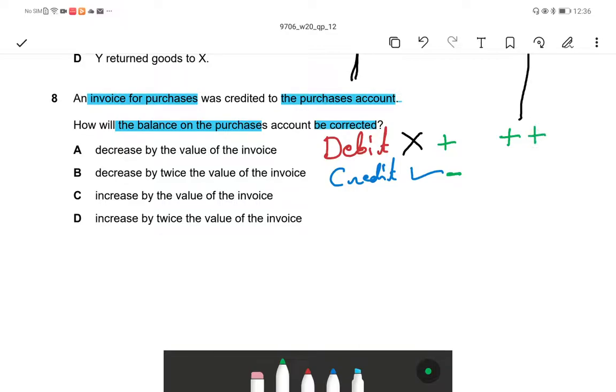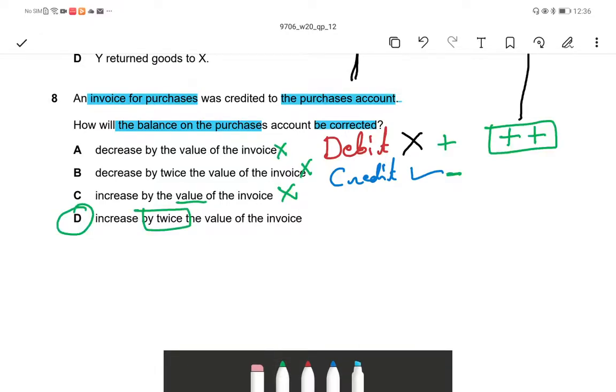So two times we have to add the debit. So the correct answer is not a decrease in value; we have to increase. So the first two options are no. Increase by the value of invoice, no. Then correct by twice the invoice. The correct option is option D.